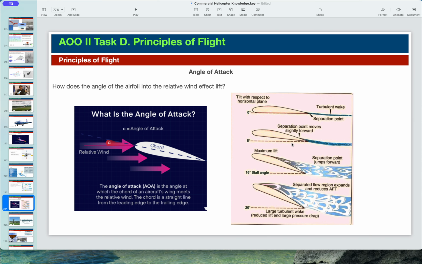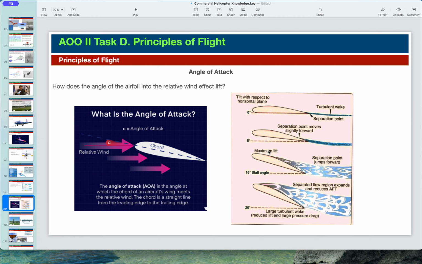But there becomes a point where we increase that angle so much that we separate the airflow behind the top of the airfoil, and it becomes dirty, turbulent air that's not nearly as effective at generating lift as the clean air we have at lower pitch angles.